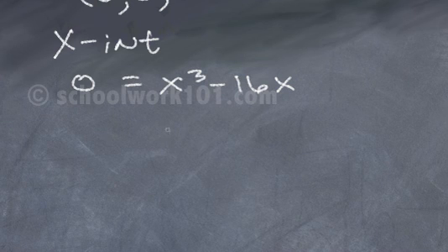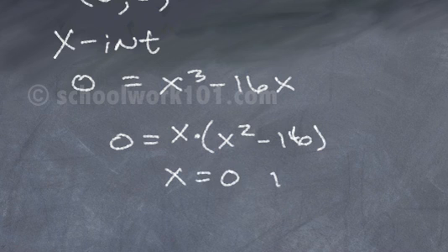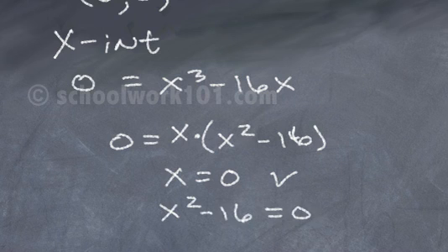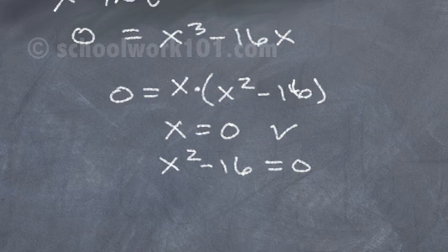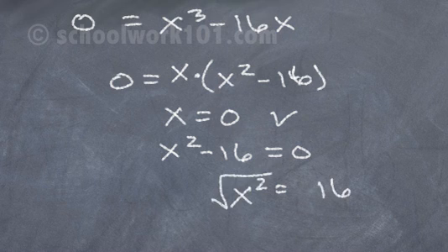So what I'm going to do here is I'm going to factor an x out. Right, still setting it equal to 0. And then once we do this, we want to set each factor equal to 0. So that one's done, right? X is equal to 0, and then we're going to set x squared minus 16, set that equal to 0. And I'm going to take this 16 over, and then we can square root both sides.